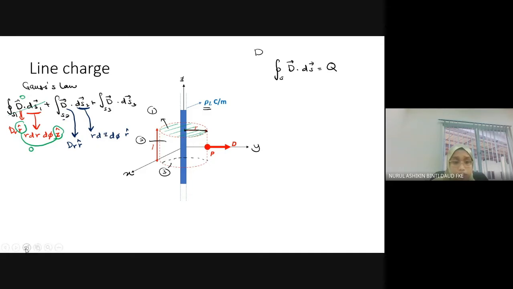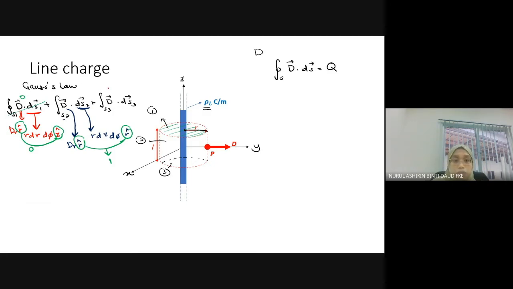In this dot product, the two have the same direction, so the dot product gives 1 and is not 0. How about surface number 3, located down here? Surface number 3 is the same as surface number 1, except that the direction is going downward.